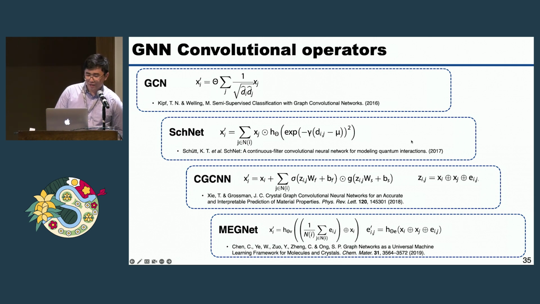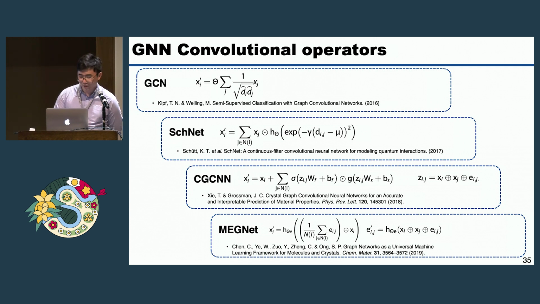Then in SchNet, I guess it's originally used for predicting atom-wise energies and forces for ML potentials, and they started introducing this radial basis function expansion to have a continuous and non-sparse representation for edge features. Then I guess the only difference in MEGNet is they also do edge updates, and these other three models don't have edge updates. So MEGNet is more of a state-of-the-art GNN for property prediction of crystals.